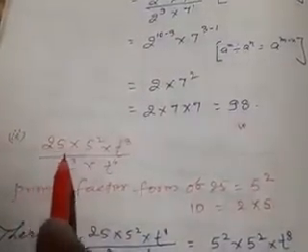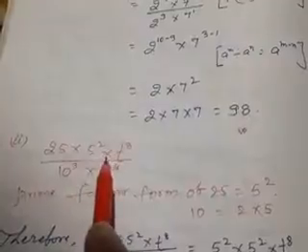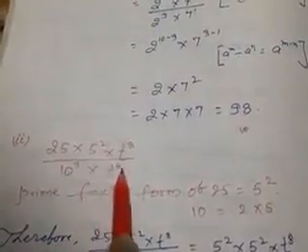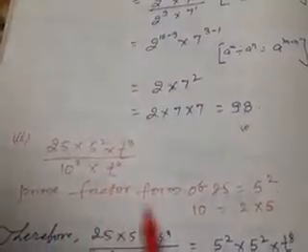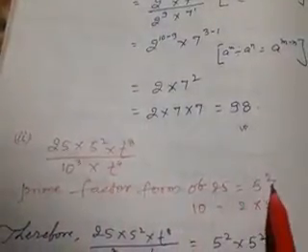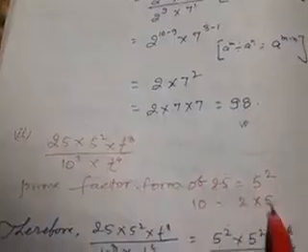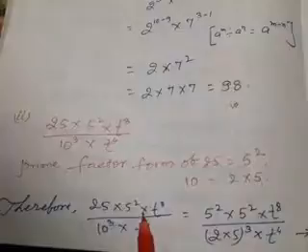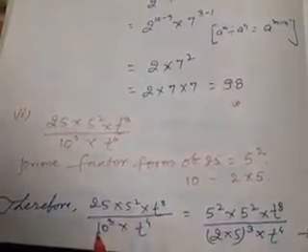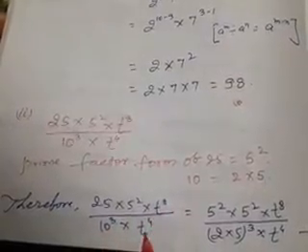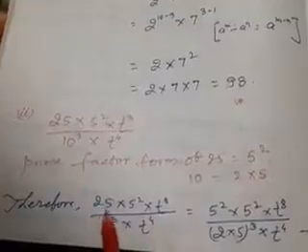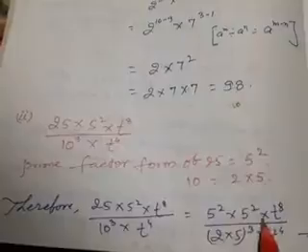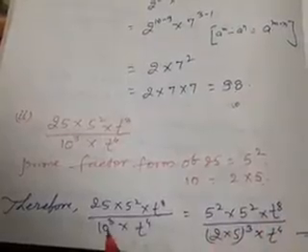The question is 25 multiply 5 square multiply t to the power 8 divided by 10 cube multiply t to the power 4. The prime factor form of 25 is equal to 5 square, and 10 is equal to 2 multiply 5. So we write 25 as 5 square multiply 5 square multiply t to the power 8, divided by 10.